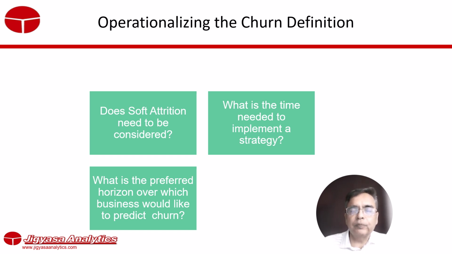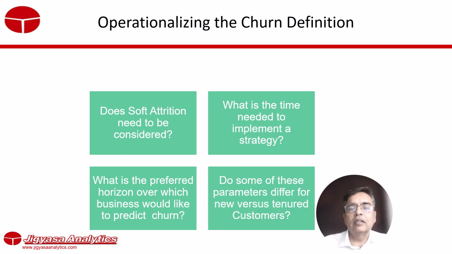So for example, if you want to know who is likely to churn over the next week, but because of your operational and programming constraints, you end up only with a plan which becomes operational in 10 days. So then predicting who's likely to churn over the next week is not very useful. Then maybe you should predict who is likely to churn in the next 2 weeks. And so the reality of time needed to implement a retention strategy is very important.